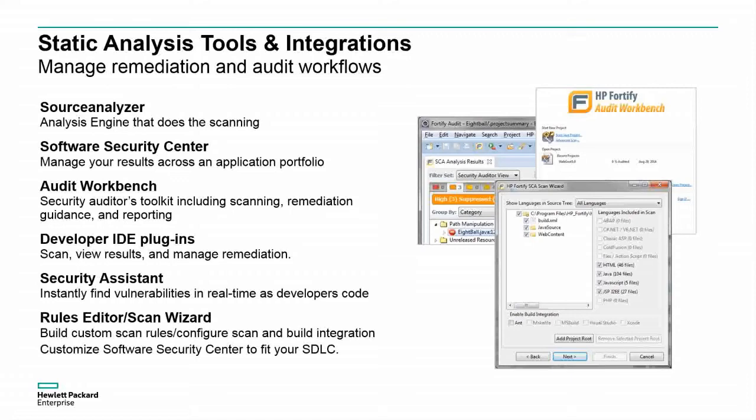The good thing with this, if you have Software Security Center and you already have our static code analyzer or our web inspect product, rather than going through 2 different portals to view results for static and dynamic, you can all view them in a single portal and see how your organization's doing with that Software Security Center.